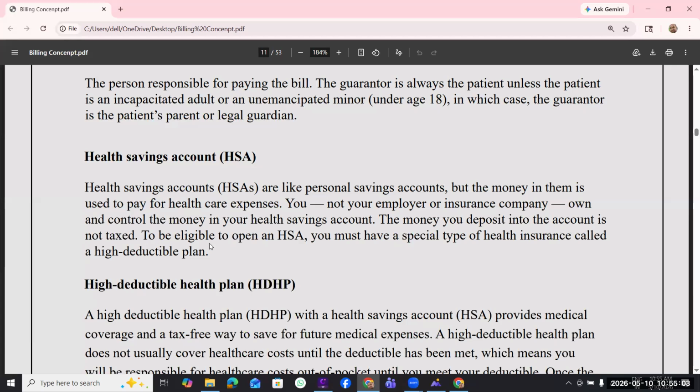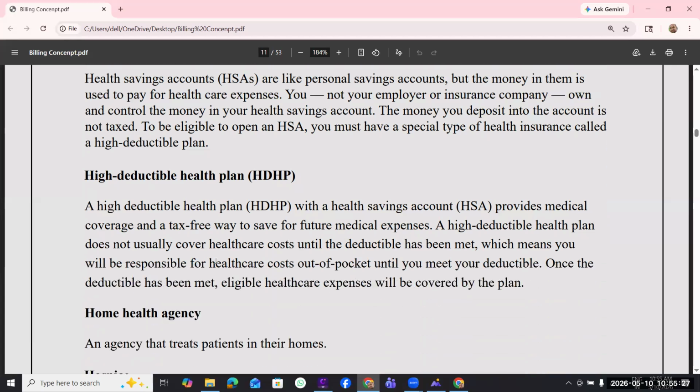To be eligible to open an HSA, you must have a special type of health insurance called a high deductible plan. So in this case, you should open one account, and that amount will be used for the payment of the insurance or provider. That is where health savings accounts come in.